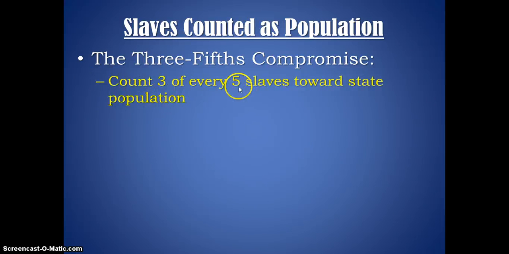And what they did is they counted every 5 slaves, but 5 slaves only counted as 3 people toward the state population. So if we're counting up the state population and we have, say, 500 slaves, they only count as 300 people towards the population.